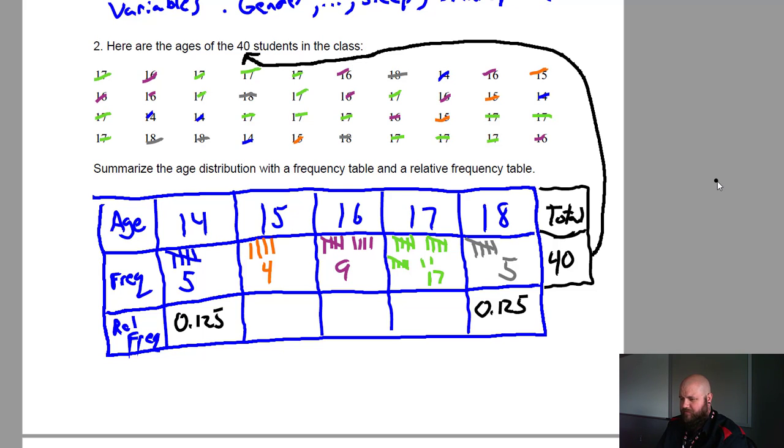So now we can look at 4, which hopefully you can see that 4 divided by 40 is just going to give you 0.1. Okay. Then we'll take 9 divided by 40.